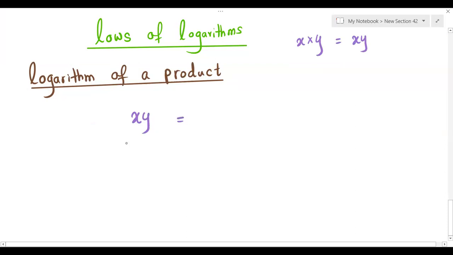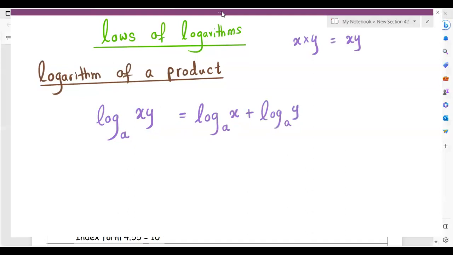Then when we consider the logarithm of xy to the base a, this can be written by separating it: logarithm to the base a of x. Now instead of this multiplication, addition comes in. Then logarithm of x to the base a is added to logarithm of y to the base a.